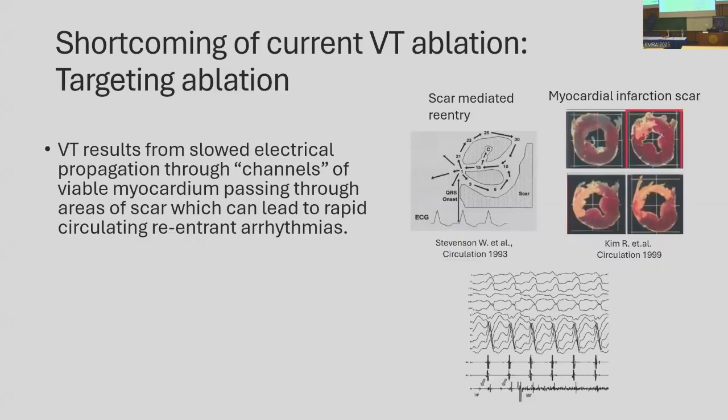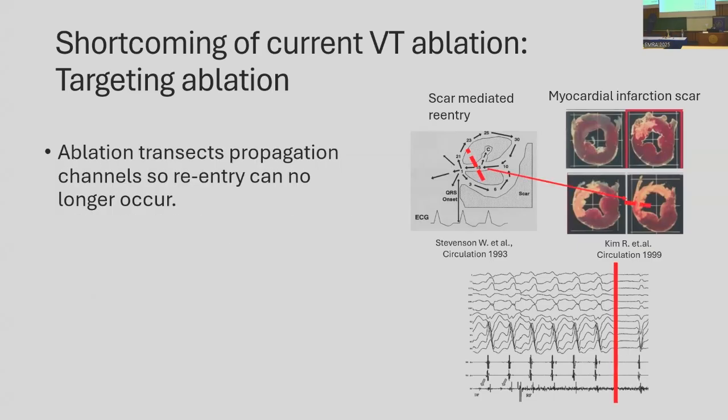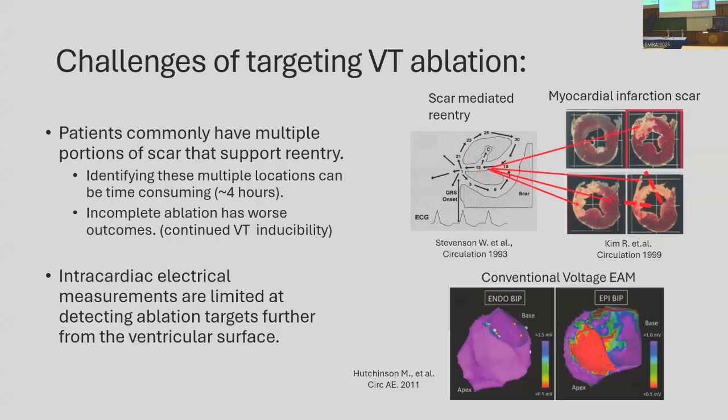So one of the shortcomings of current ablation approaches is limitations in the way we target ablation. VT results from slowed electrical propagation through these channels of viable myocardium that pass through scar tissue, which leads to these rapid circulating reentrant arrhythmias. And the idea of ablation is to transect these propagation channels so reentry can no longer occur.